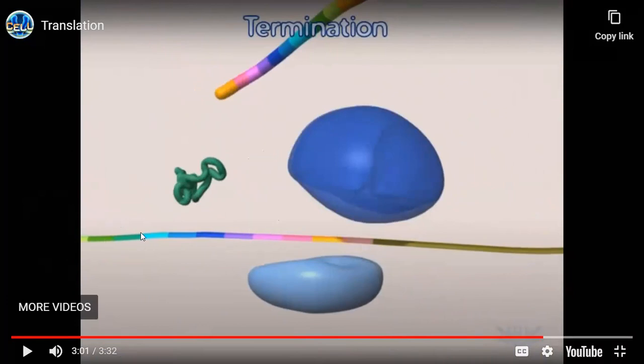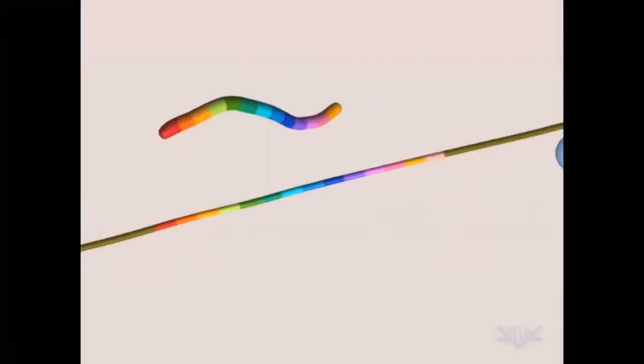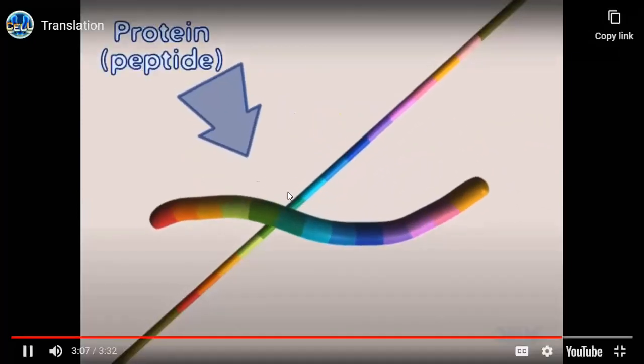They go through each codon, and each codon is translated to join an amino acid. After they come to the end of the codon, a release factor will detach this protein, and the ribosome will leave the mRNA. The ribosome dissociates and the newly formed protein is released. This is the protein.